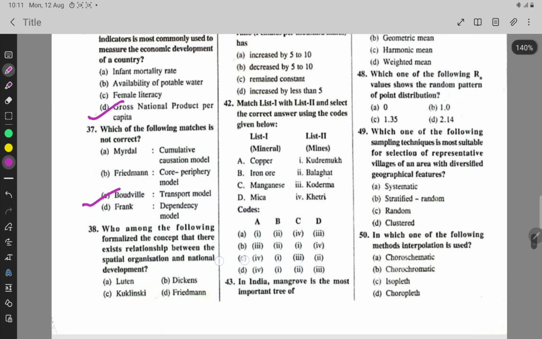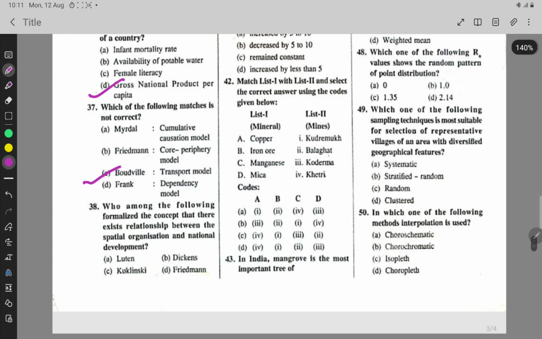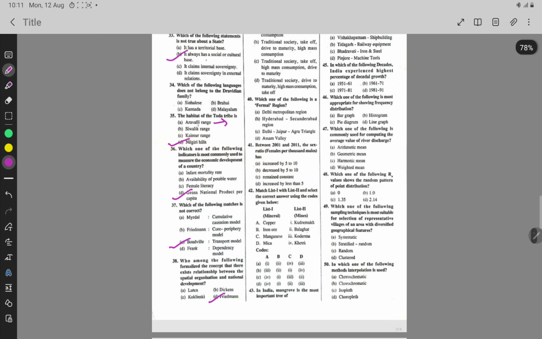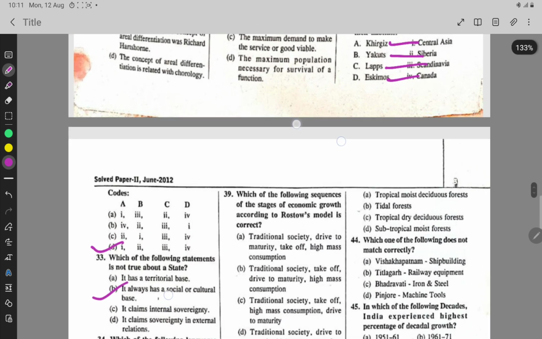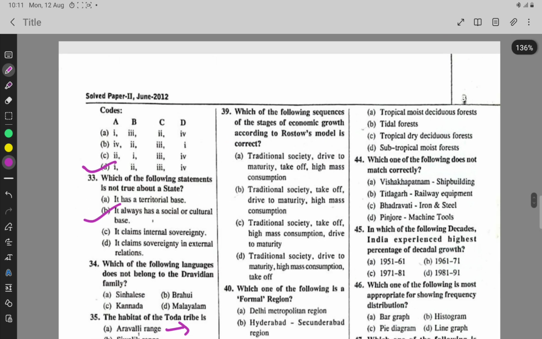Who among the following formalized the concept that there exists a relationship between the spatial organization and national development? Friedman. Which one of the following sequences of stages of economic growth according to the Rostow model is correct?